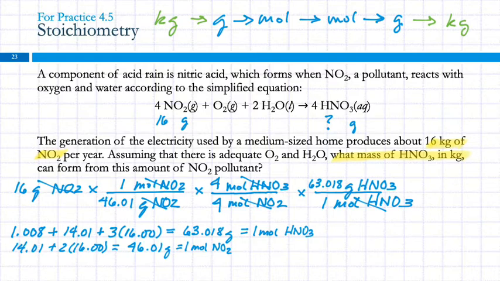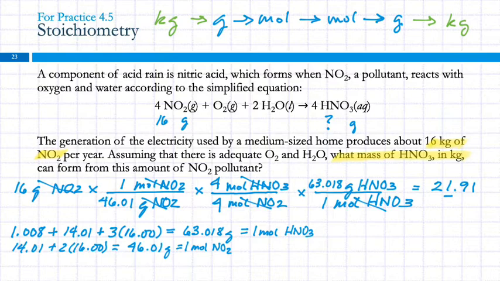No? Okay. So now I'm just going to run this through my calculator. 16 times 1 divided by 46.01 times 4 divided by 4 times 63.018 divided by 1. And I get an answer that is 21.91. And there's a whole bunch of digits. And so as I'm starting to write those down, I'm going to say, well, how many significant figures do I actually need? 2. This starting number only had 2, so that means I need 2 significant figures in my answer, so I've already got enough, right?